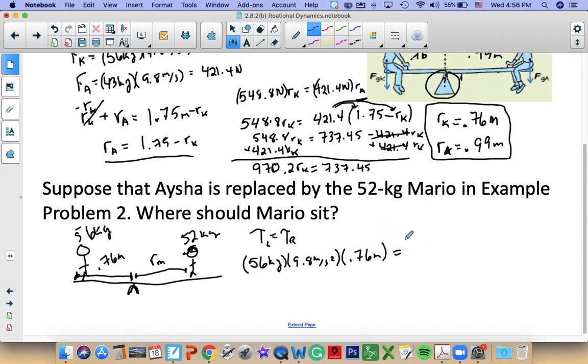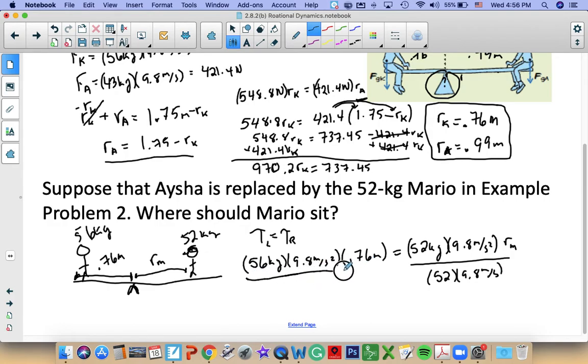Mario, we got to do kind of the same thing. So 52 kilograms. We have acceleration due to gravity to get that weight. And then we have his radius, which we don't know. So we're going to have to divide that out, 52 and 9.8, from both sides.